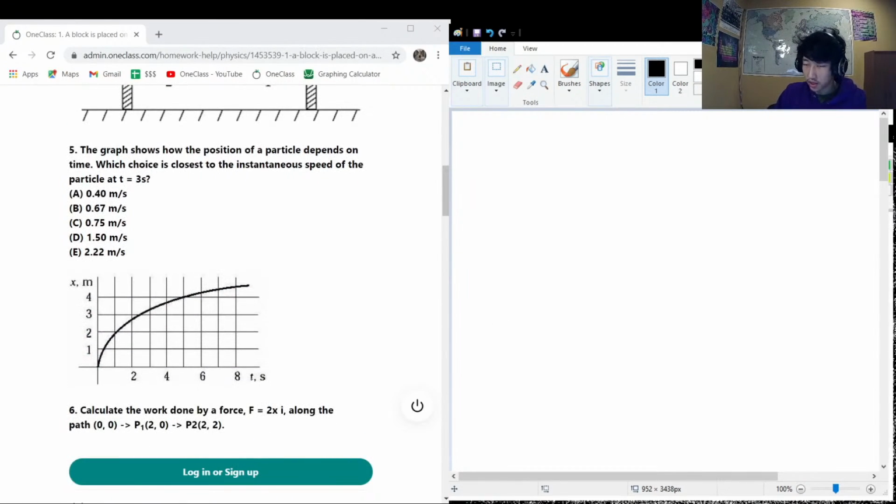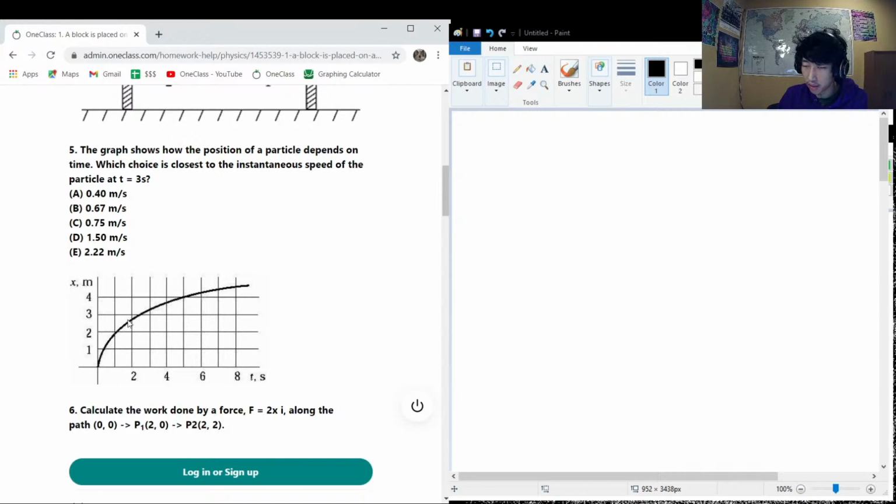So the next part of this question is the graph. This graph right here shows the position of a particle, and it depends on time. What is the closest to the instantaneous speed of the particle at t equals 3 seconds? So that's about here. Pretty much what we want to do here is analyze the slope at this point.